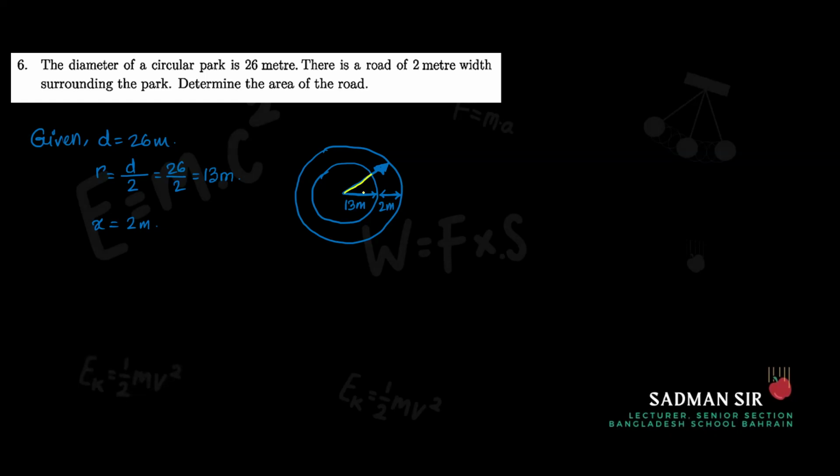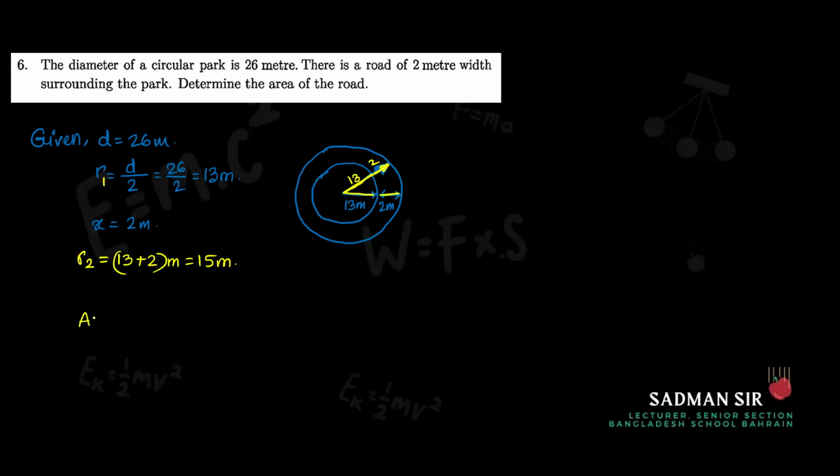So this part is same as 13, right? And this part is same as 2. What should be the total? 15 meter. Good. So R2 should be equal to 13 plus 2 meter equal to 15 meter.